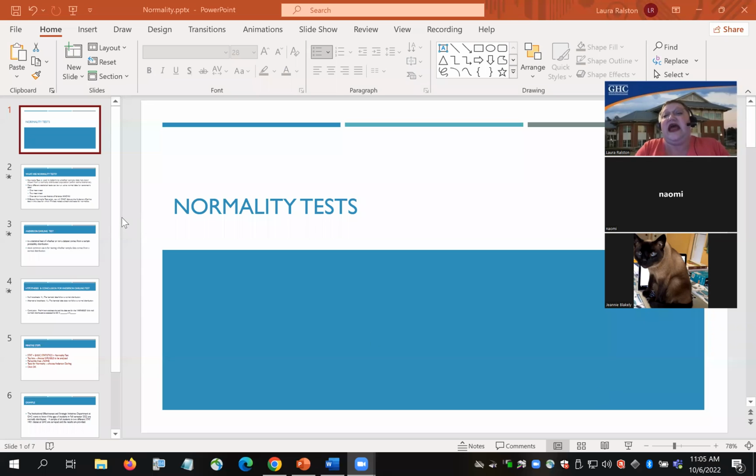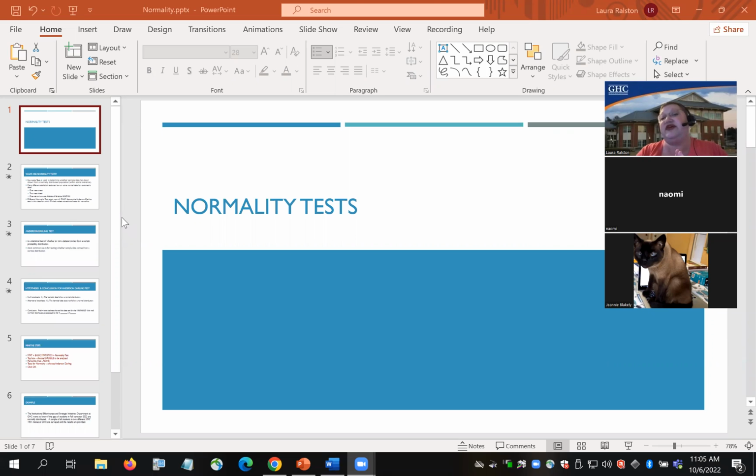We either have to be told that it's normally distributed, or we have a sample that's greater than 30, which then would allow us to apply the central limit theorem and force any unknown distribution to be normal.